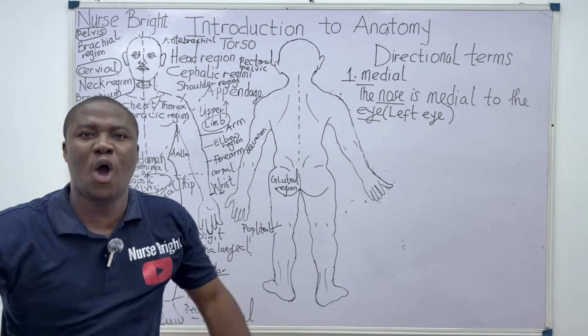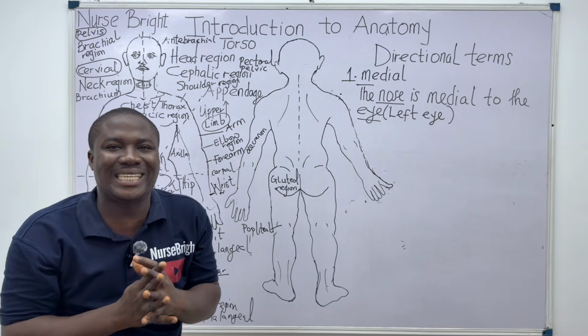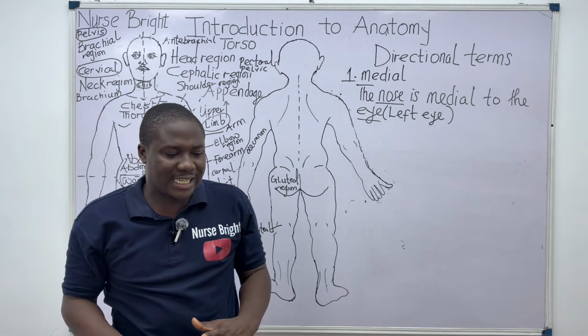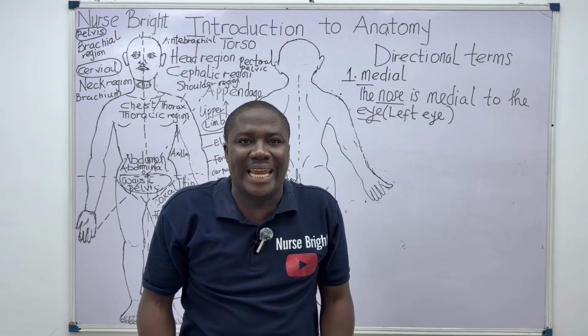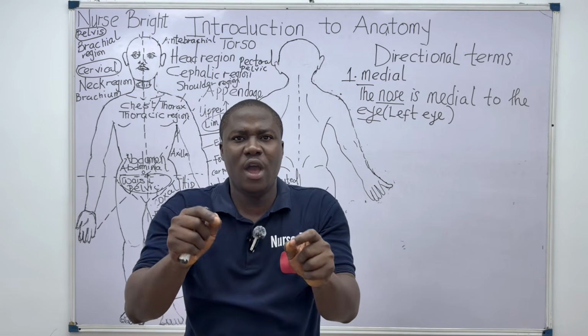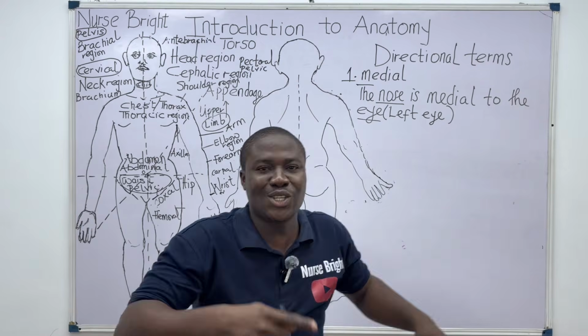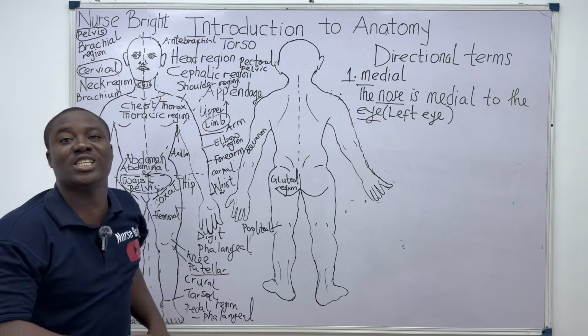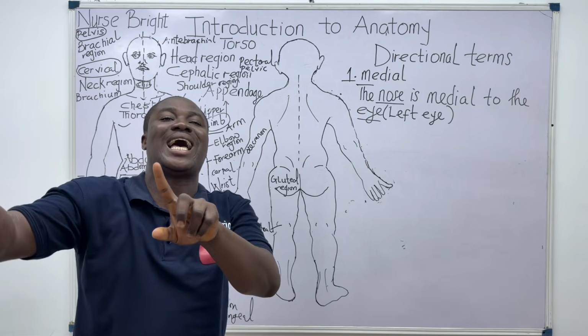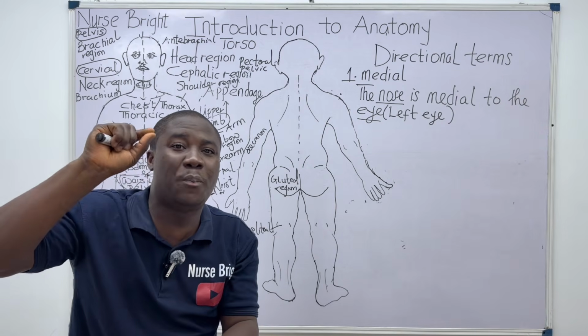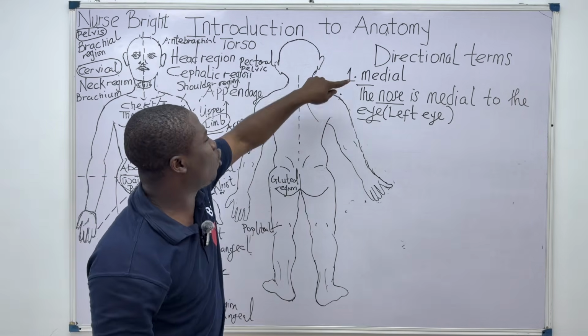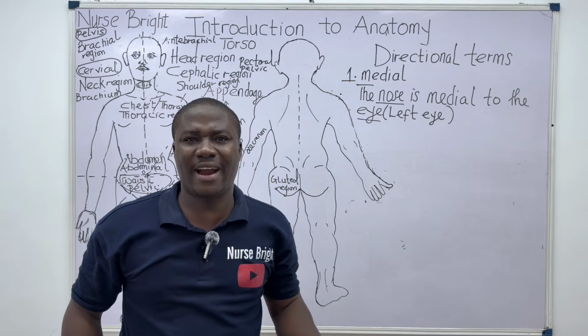That is wrong. Because the word medial simply means that the structure is closer to the midline. You understand all what we have said now? It means that that structure is closer to the midline than the other. So between the mouth and the cheek, which is closer to the midline, that's what you pay attention to when you want to use medial as a directional term.